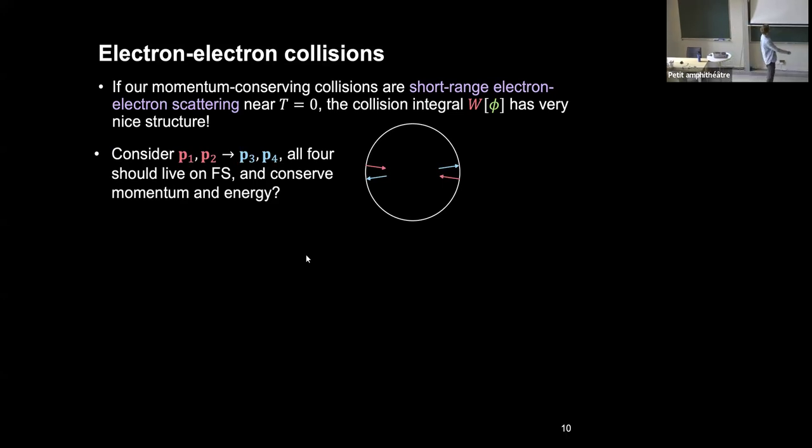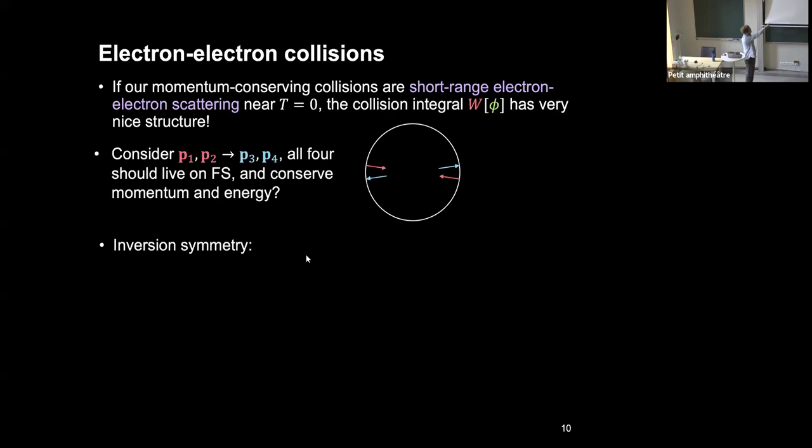And what we find, if you think about this carefully, is that the largest phase space for this scattering process has to do with nearly head-on collisions, where the 2 electrons' momenta are on opposite sides of the Fermi surface, and afterward they're also on opposite sides, and their angle hasn't changed very much. So this is the type of scattering that should dominate low temperature Fermi liquid electron-electron scattering.